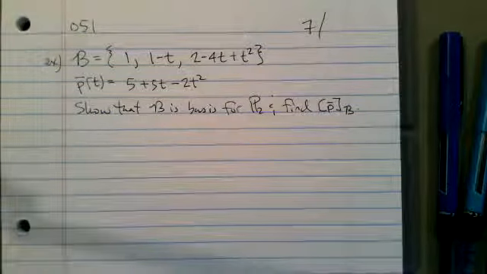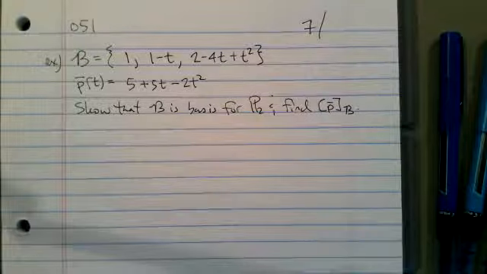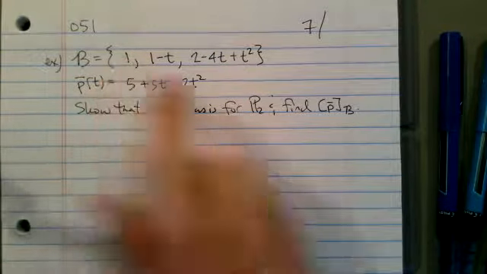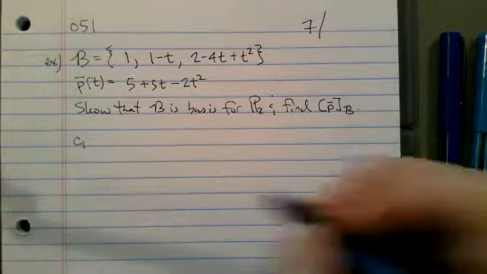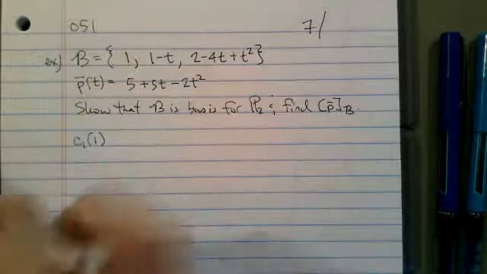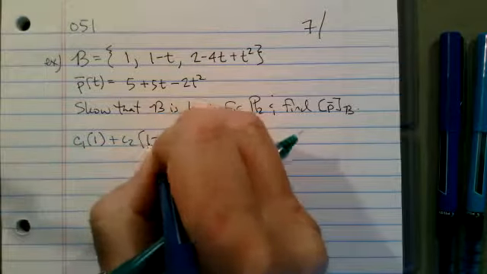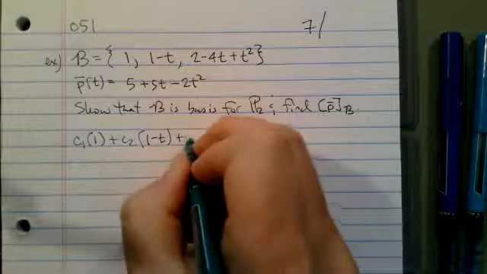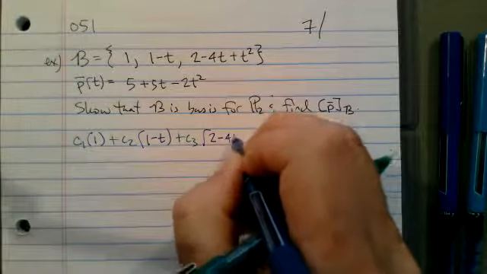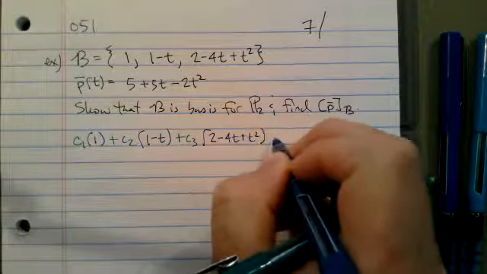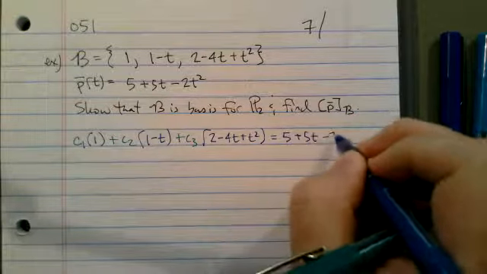Now, we can solve this problem as a polynomial problem because we want to figure out how much of the first vector, so let's say c1 times this first vector, plus c2 times the second vector, plus c3 times this third vector, is going to equal 5 plus 5t minus 2t squared.